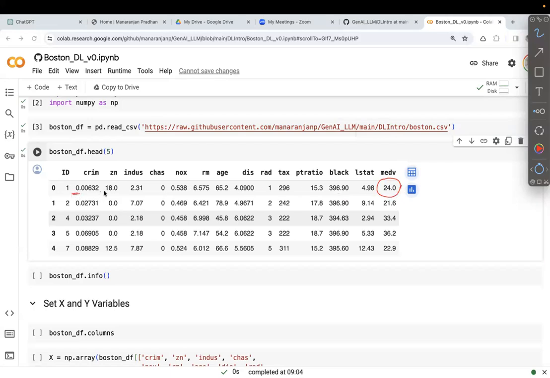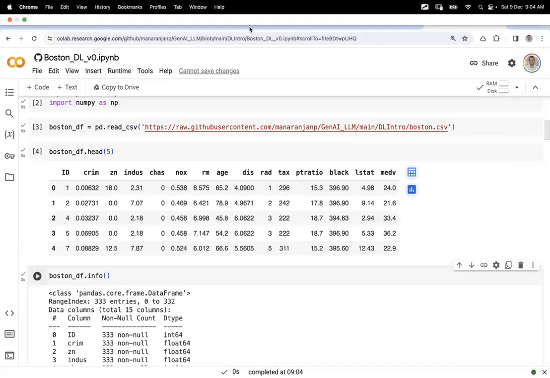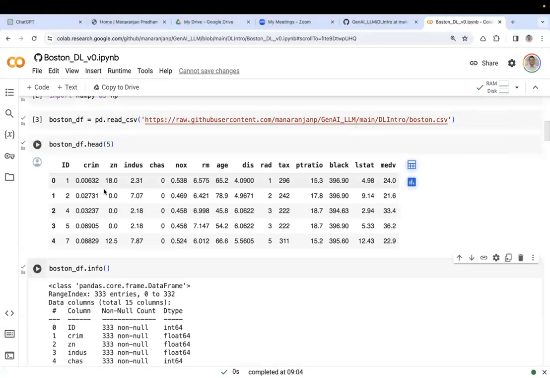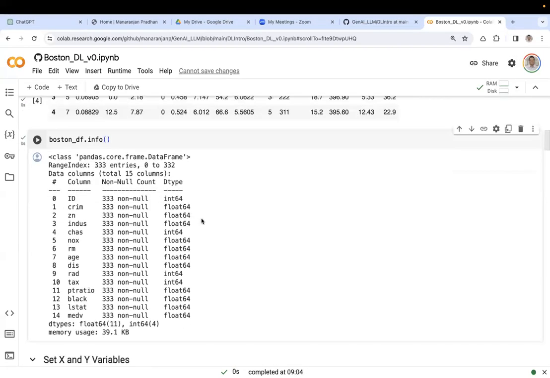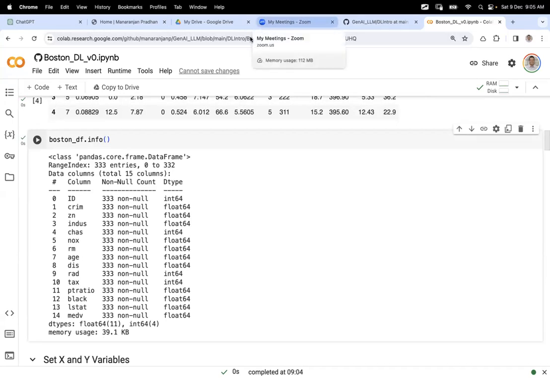And these are the different parameters. Okay, it is not beside the Charles River, and so many other different parameters, and so on and so forth, right? How many samples do we have? We have about 333 samples, right? Not much here, but this is a good example to demonstrate the capability and how, with deep learning, you can actually build models and all that.